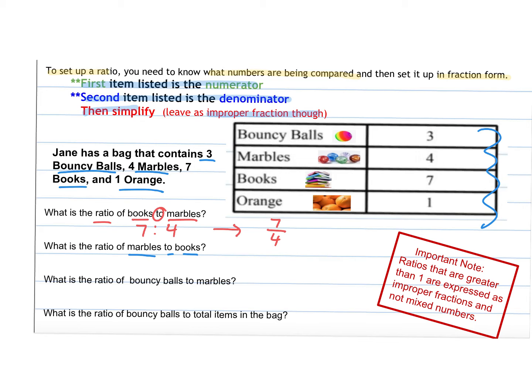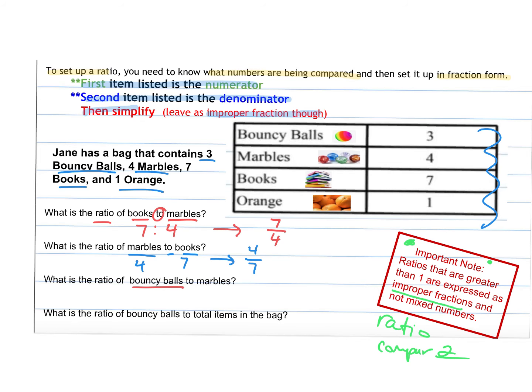That's in the other order though. We had 4 marbles to 7 books. So that would be 4 to 7. So it's about ordering numbers. And again, important note, we write them greater than 1 as improper fractions, not mixed numbers. And again, that goes back to the definition of ratio because you're comparing 2 quantities.